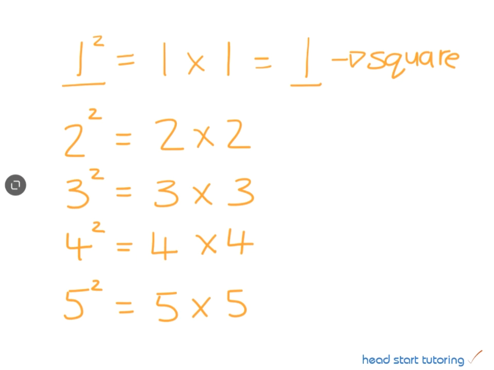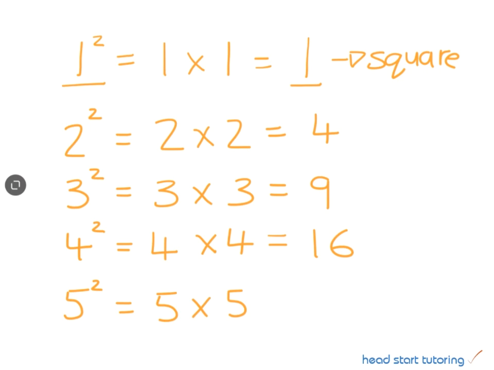So our first square number is 1, because 1 times 1 is 1. Our second square number is 4, because 2 times 2 is 4. Our third square number is 9, because 3 times 3 is 9. Our fourth square number is 16, because 4 times 4 is 16.